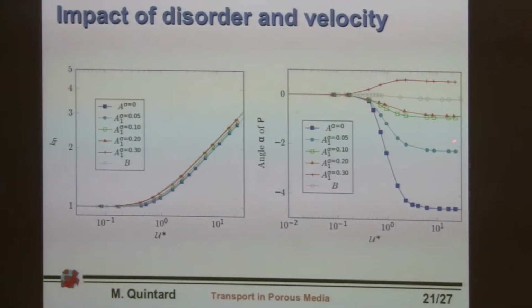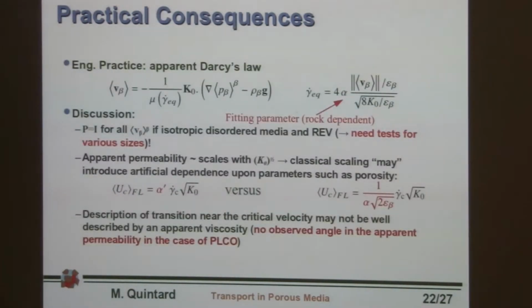I get a plateau after a while that depends on the variance. And as before, for the Bentheimer rock, it does not change too much because I am already at something which is a little bit disordered. But you have to be very careful when using that, because it's important to understand: what are the practical consequences?